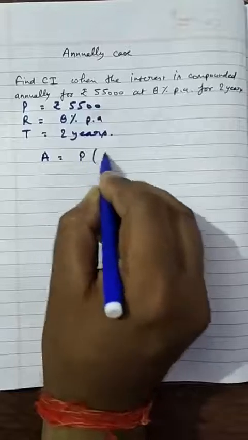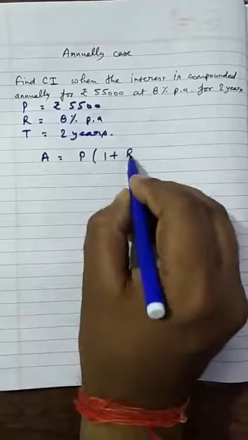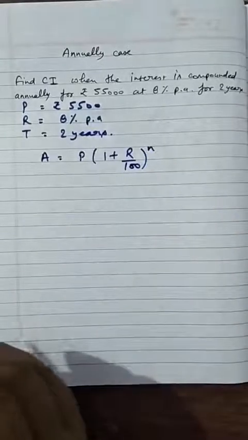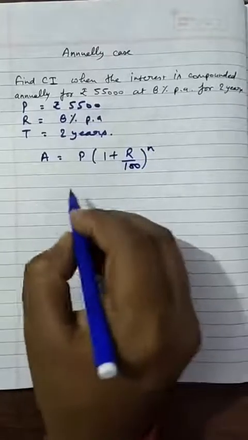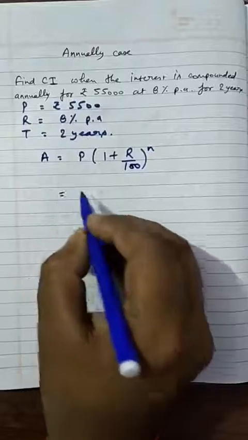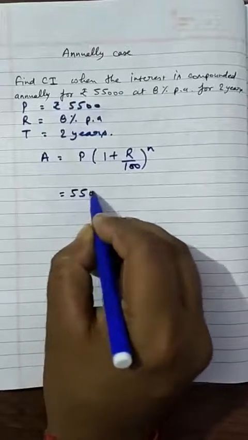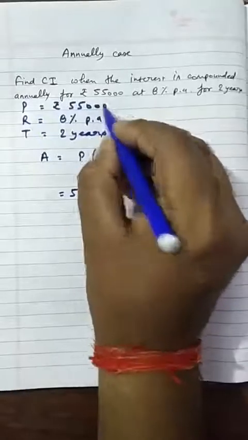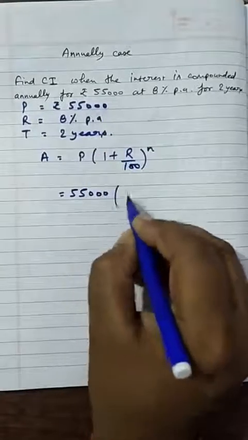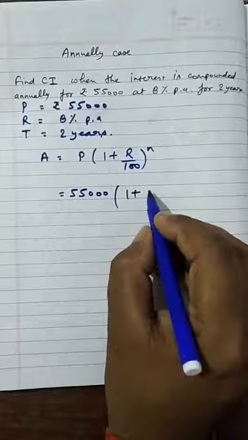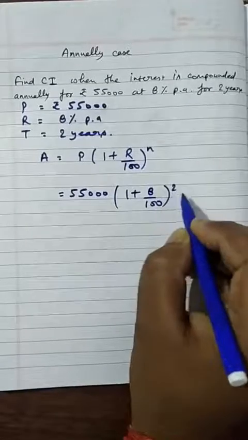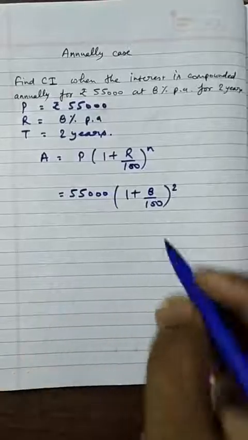To find the compound interest, before that we find the amount. The formula is principal into 1 plus rate upon 100 and over that n means number of years. Principal is 55,000. The rate is 8% and the number of years is 2.